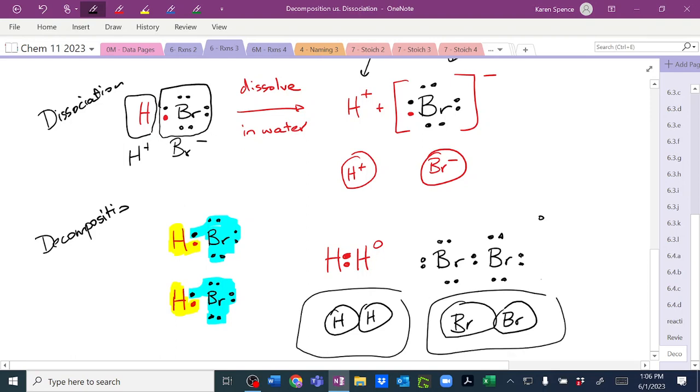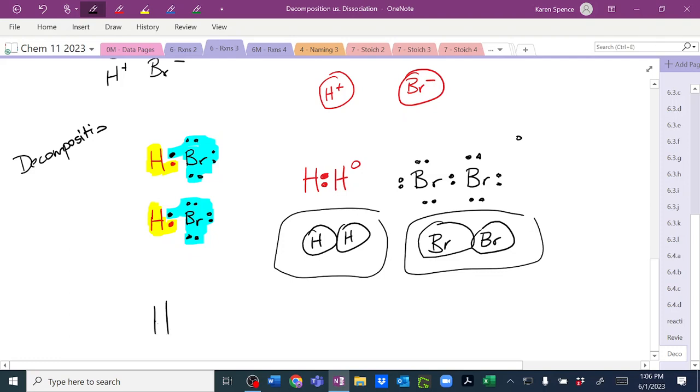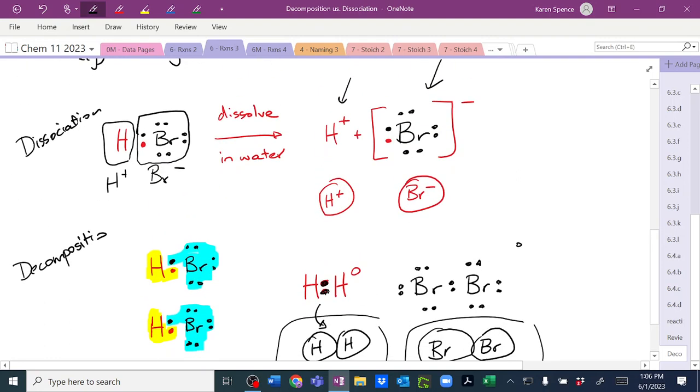Okay? So that is why when you dissociate, if you have HBr, you're not going to have it become H2, because H2 is neutral hydrogen, and it's H2 because it needs to share those electrons with another H. What you have is H plus, which is already stable because it has emptied out its valence shell.